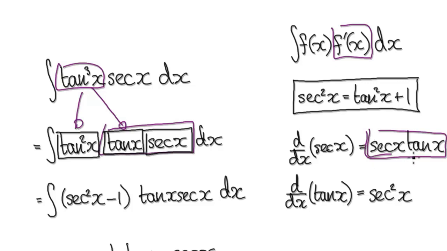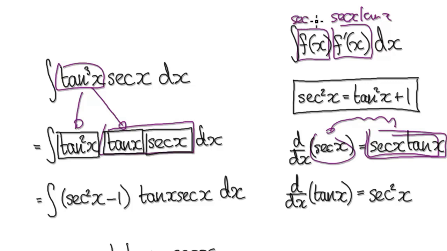That will then give us this thing here, secant x tan x. Now, if you integrate it, it will give you this. So if we can rewrite everything here in terms of secant, then we know it will be easy to integrate, because if you get into this form, it will be easy to integrate.